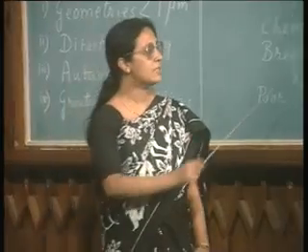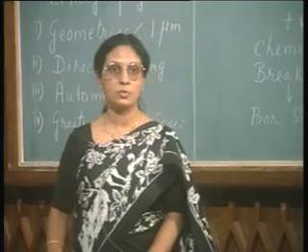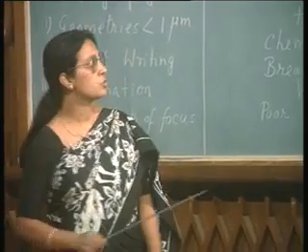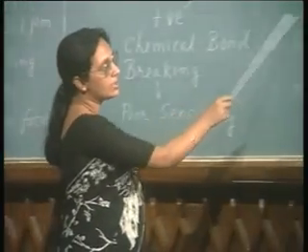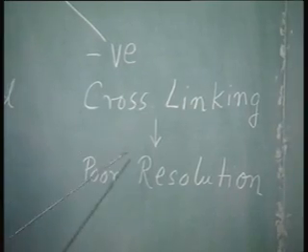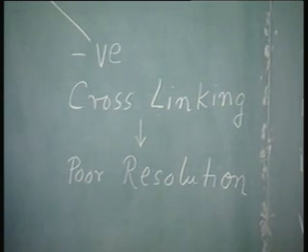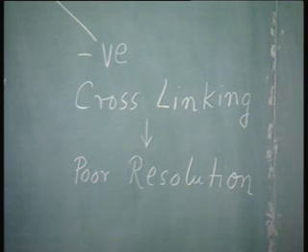So, on one hand, positive e-beam resist is going to offer us better resolution, but lower throughput, and negative e-beam resist is going to offer us comparatively faster throughput, but the resolution is going to be poor. So, depending on the application, one has to choose either positive or negative e-beam resist.